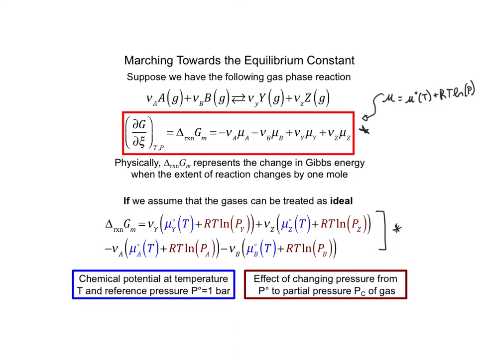Now, in blue, these are the chemical potentials at temperature T, and the reference point pressure of 1 bar. And in this kind of maroony color is the effect of changing pressure to the partial pressure of the gas.